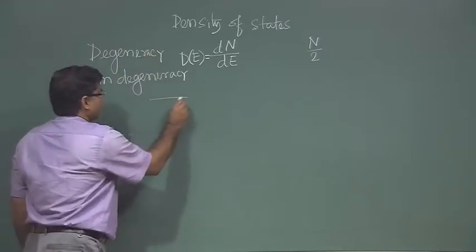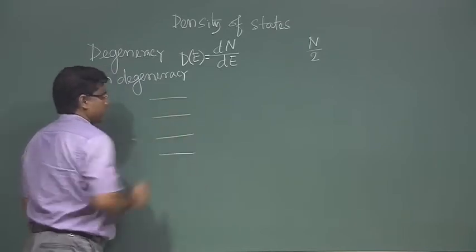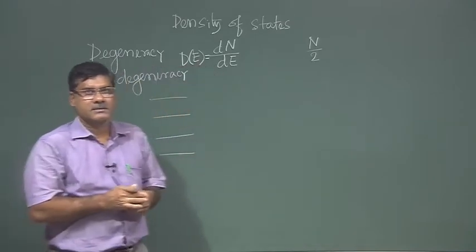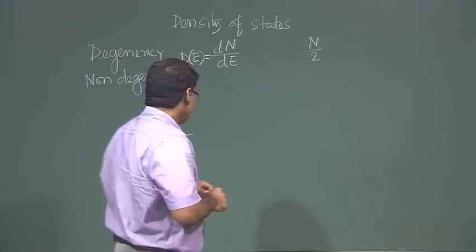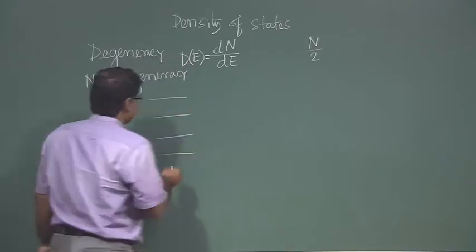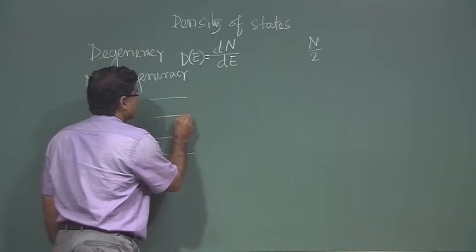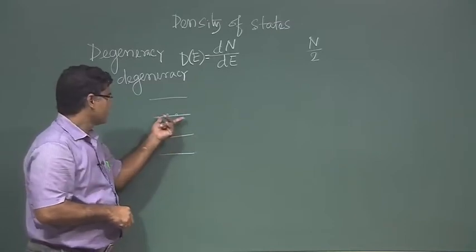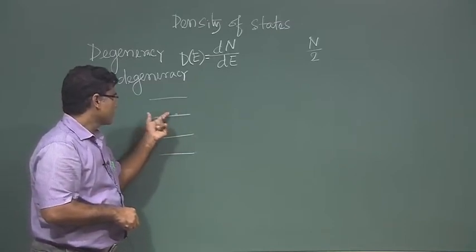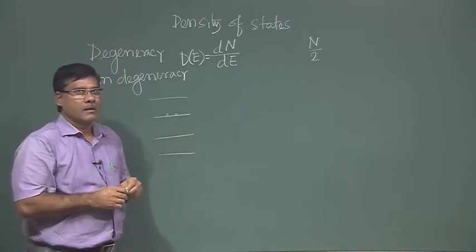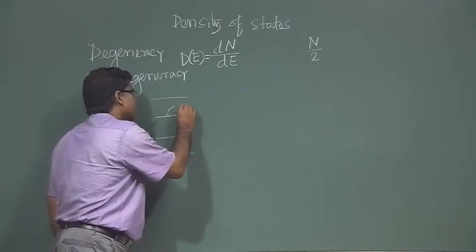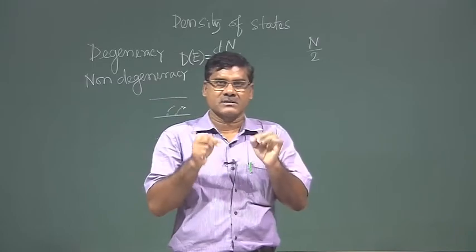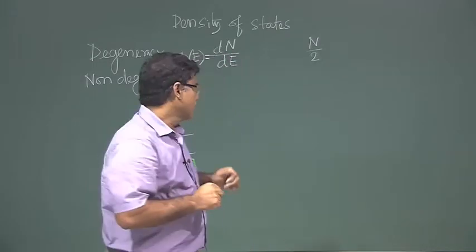So, we have energy levels where electrons stay. We also call this an electronic state. When 2 electrons are staying here, these 2 electrons will have the same energy, but they have different quantum numbers, otherwise they cannot sit in one energy level.